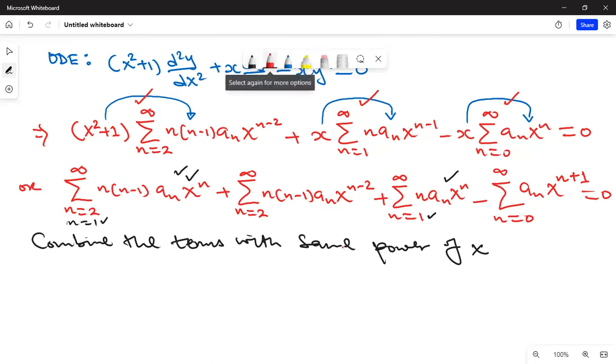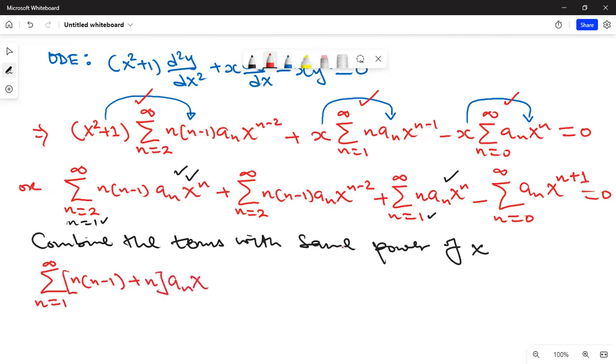So what we'll have here is the sum from n is equals to 1 to infinity of n minus 1 plus n, a subscript n x raised to n. Then the others I'll just retain them.